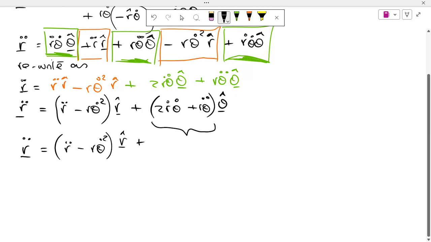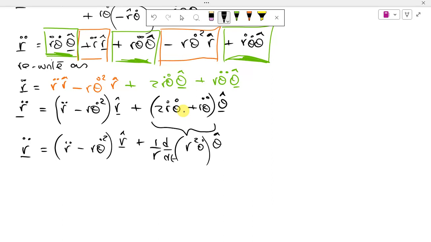So this can be rewritten as 1 over r. So let me just highlight this with the cursor. This here can be rewritten as 1 over r times d. It would be nice if that looked more like a d, wouldn't it? D by dt of r squared theta dot theta hat.